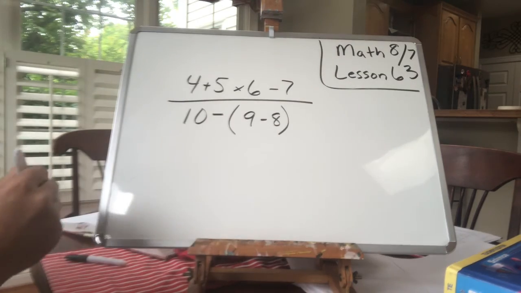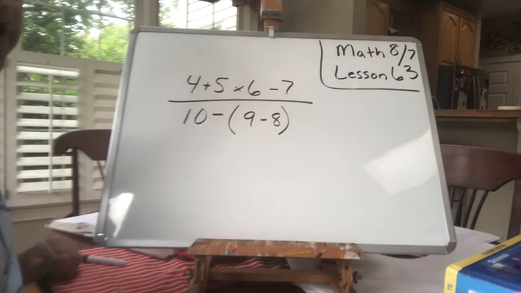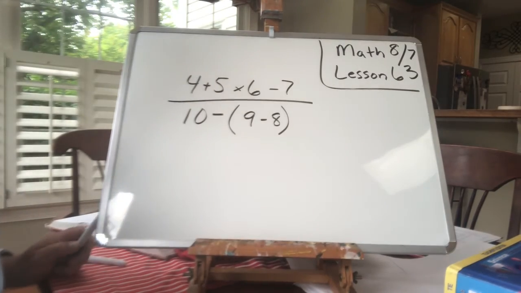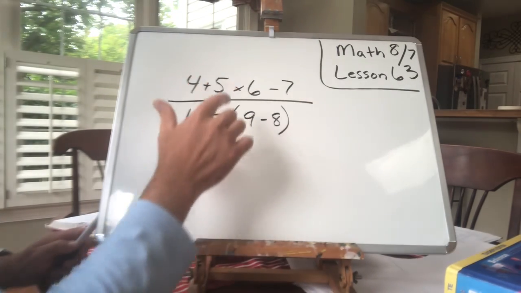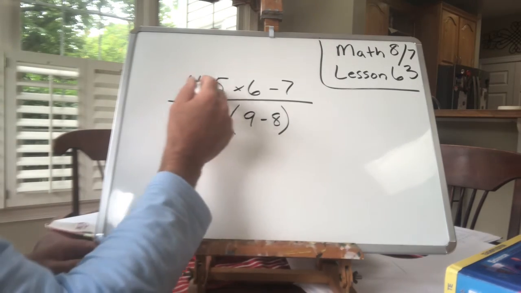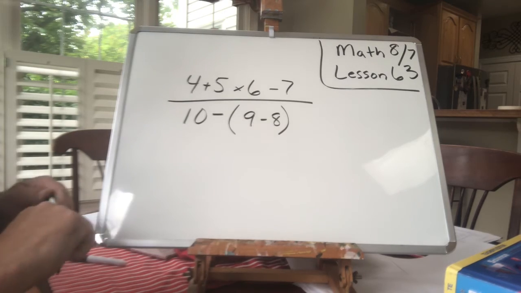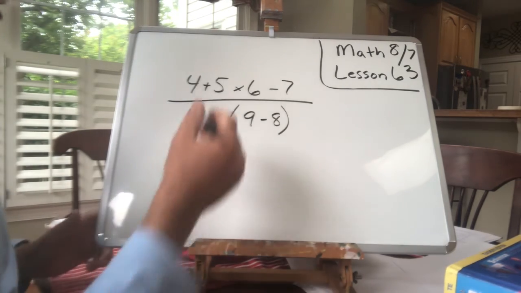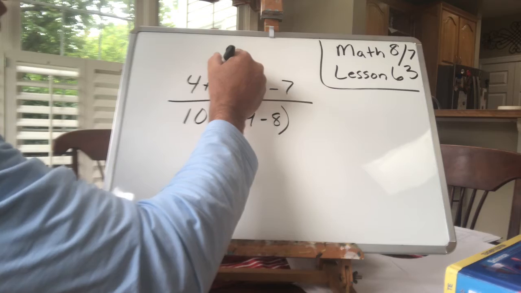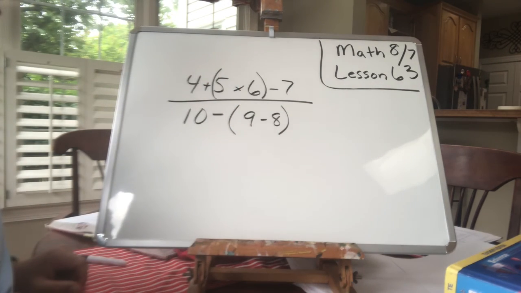Okay, so now we know that this sign right here is a big division sign. We save that for the very end. So we're going to solve the top and we're going to solve the bottom. There are no parentheses on the top. They don't give us any. But if they did, we would be following PEMDAS. We would solve the multiplication first, right?